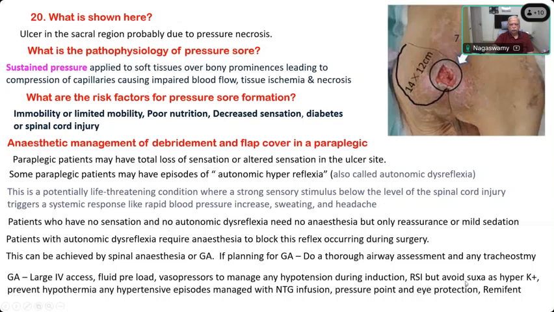So RSI, avoid succinylcholine, because prolonged bedridden patients also are potential candidates for hyperkalemia. And to prevent hyperthermia or hypertensive episodes, manage with GTN infusion, pressure point care, and eye protection. Okay? So these are all the things that I have to show you.